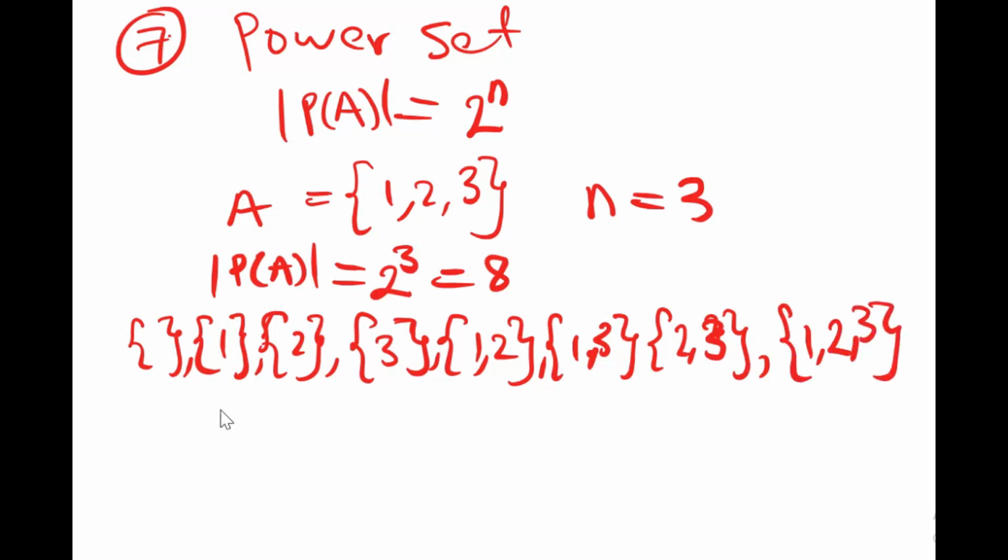So counting this, you have 1, 2, 3, 4, 5, 6, 7, 8, which is equivalent to what we have as the power set. The last one we shall consider is the universal set.